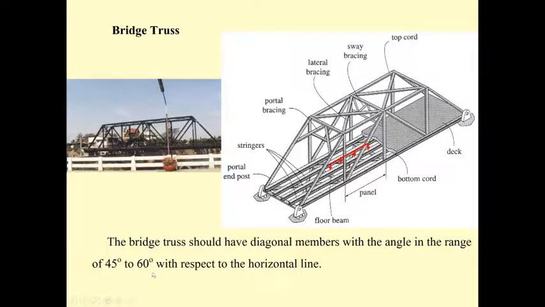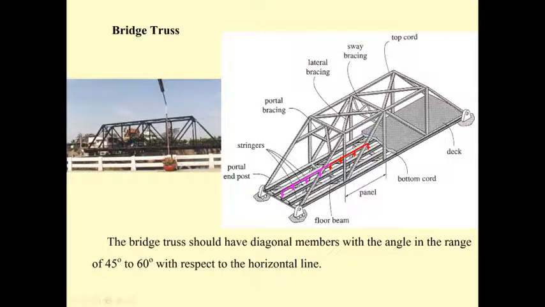Okay, the force from the deck will transfer to the stringers, maybe this stringer and also this one. So the floor beam here is going to resist the reaction from the red and the pink loading. And the reaction from the stringer is going to apply to the floor beam.